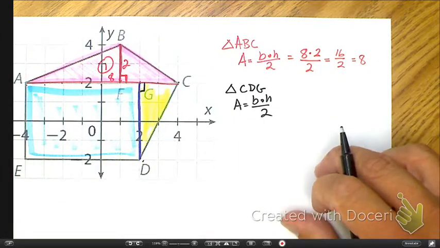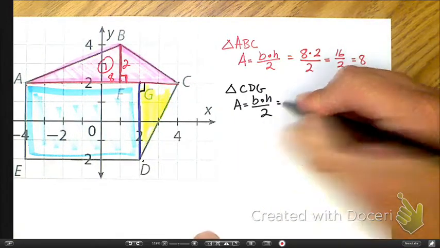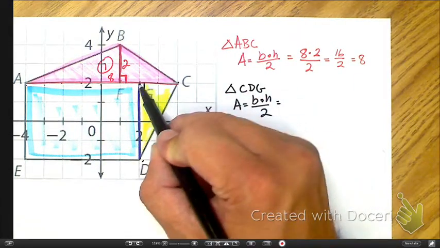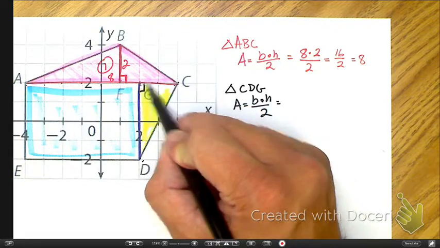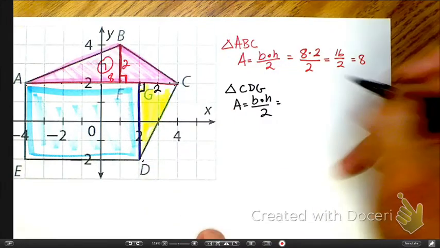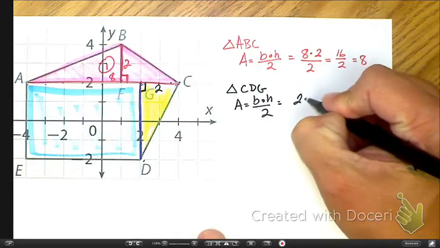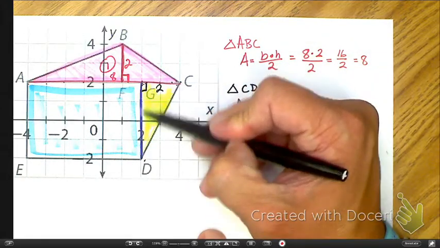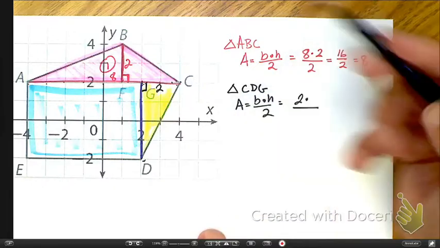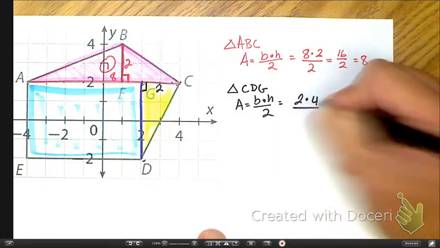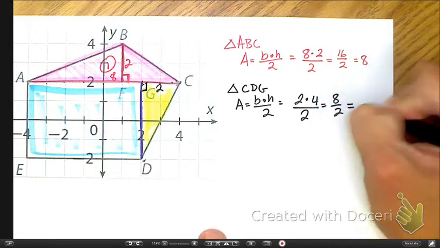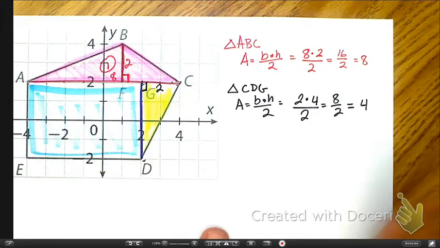It's a triangle. Let's see, the base. I'm going to count this segment right here. GC is the base. 1, 2. The height, GD. 1, 2, 3, 4. Over 2. 8 over 2 is 4. Easy.